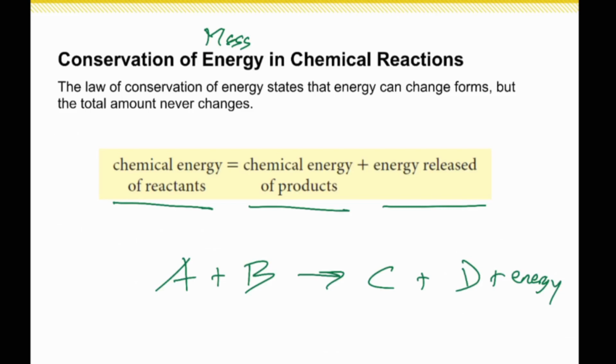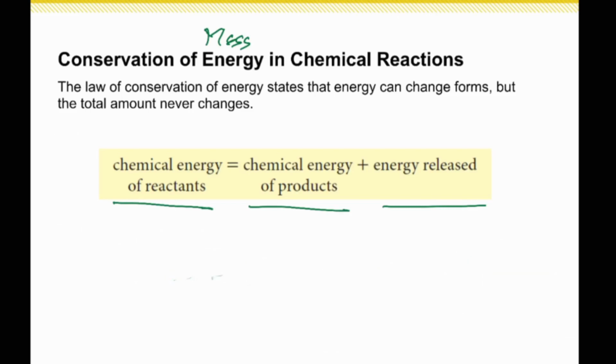So an example that's easy to think about is photosynthesis and cellular respiration. So for photosynthesis, we have sunlight, which is our energy coming in, plus our carbon dioxide plus our water yields our glucose, C6H12O6, plus our oxygen.